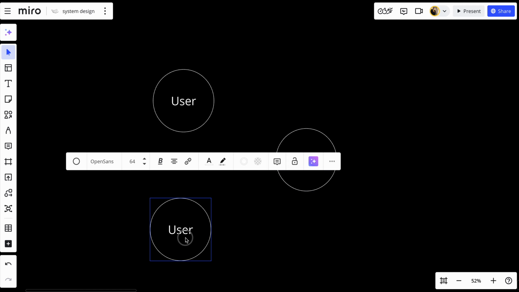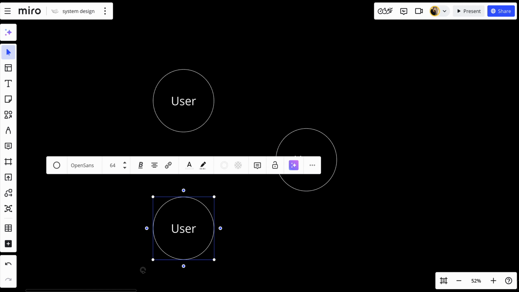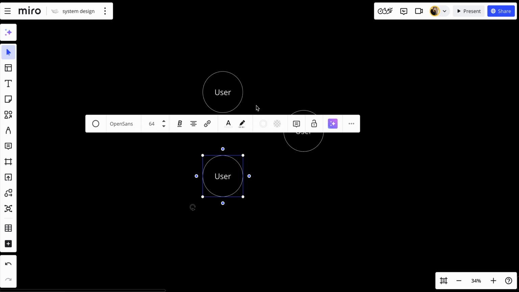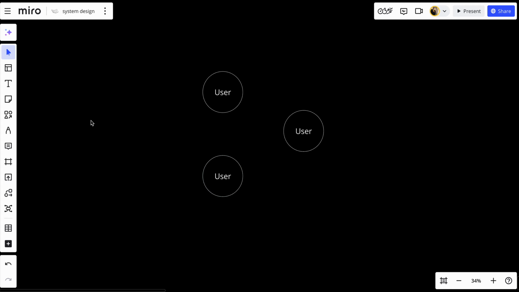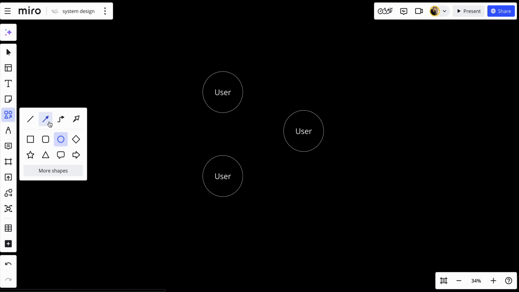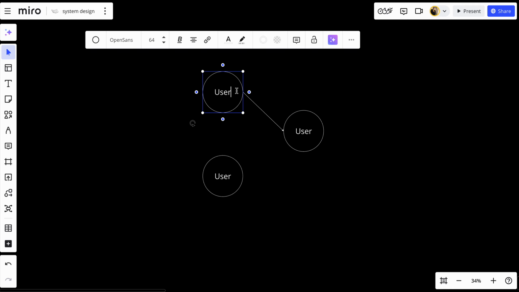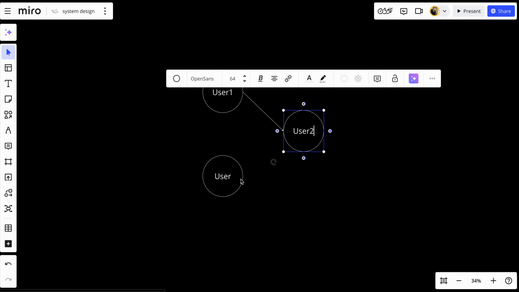Think of a social network as an example, where each user in the network is a node, and the connections between these users are the edges. Because a graph has nodes and edges, the edges are the connections, like friendships or follows, and they represent the relationships between them. Let's say that this is user 1, this is user 2, and this is user 3.